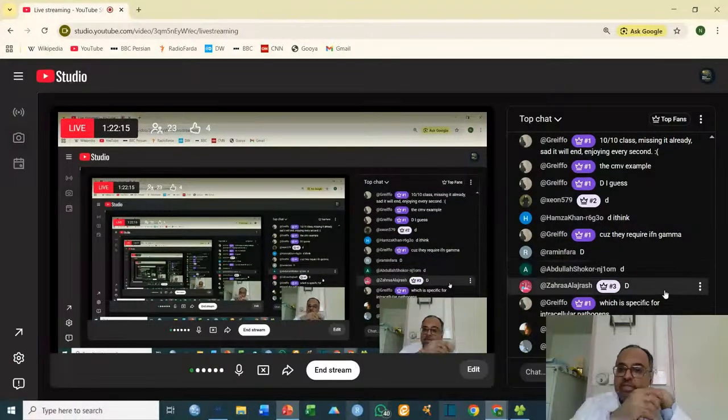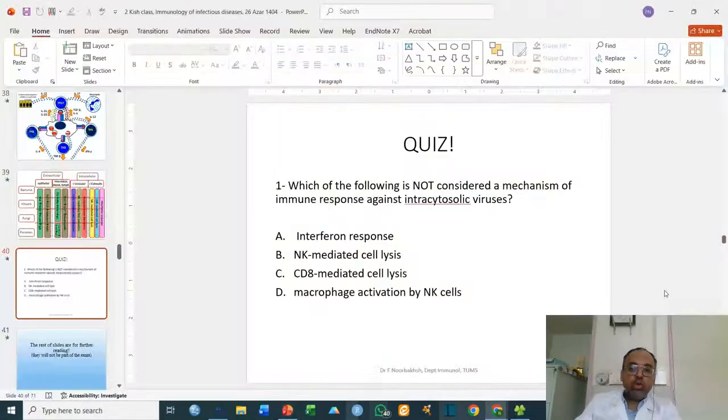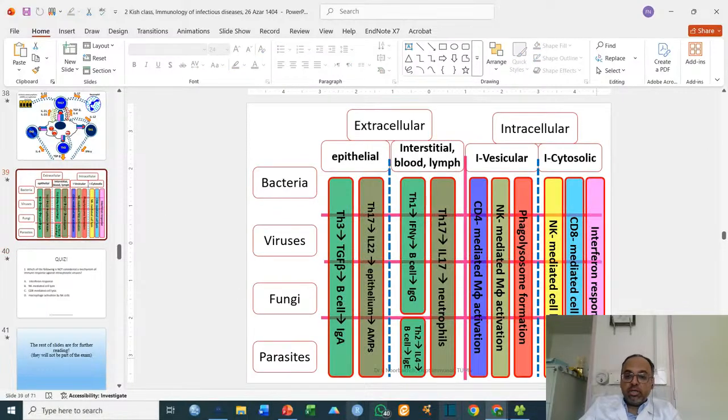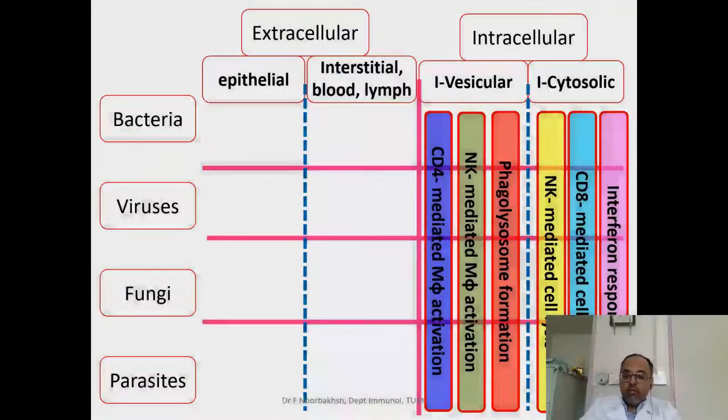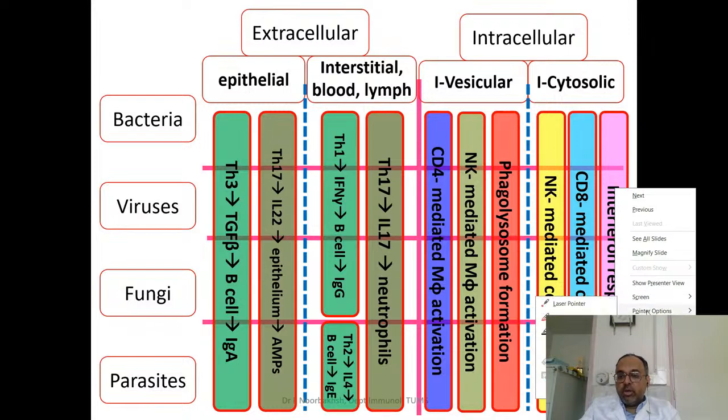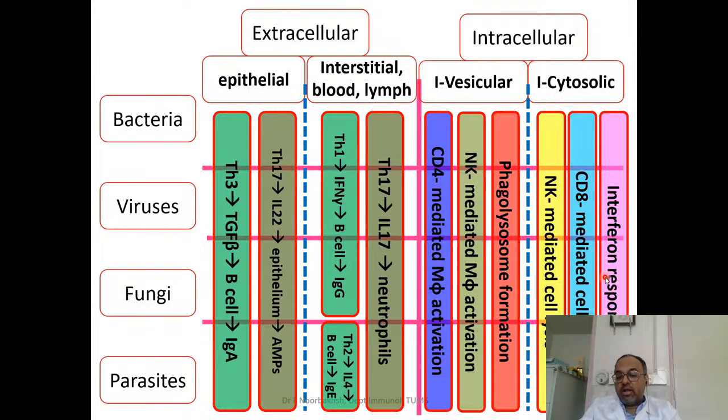Very good. So D is the answer. Right. D is the answer. So the question is asking which one is not considered the mechanism of defense. And if I come back to here, for intracytoplasmic, I'm talking viruses, intracytoplasmic. So it means here. So interferon response is one mechanism, like interferon alpha and beta. Killing by CD8 is another mechanism.